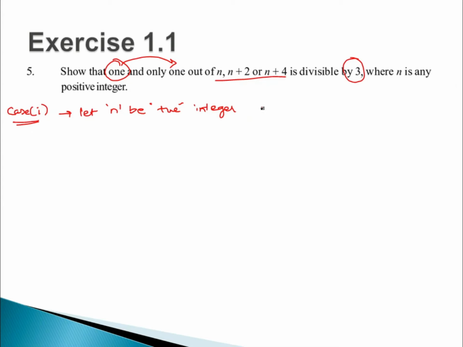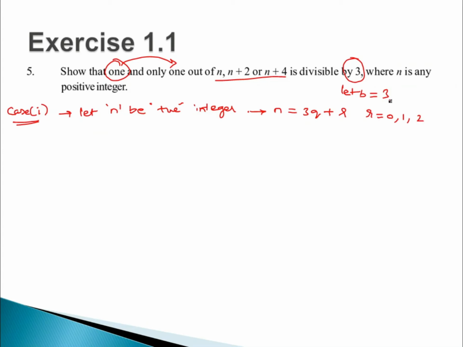Then how can I write the value of n? n can be written as 3q plus r, where, let b equal 3 here, the value of r has the options of 0, 1, only 2.